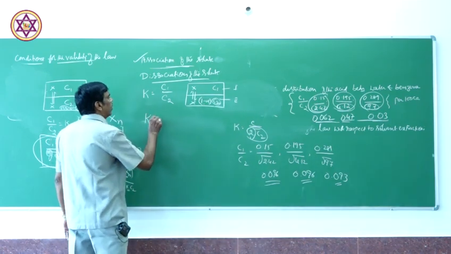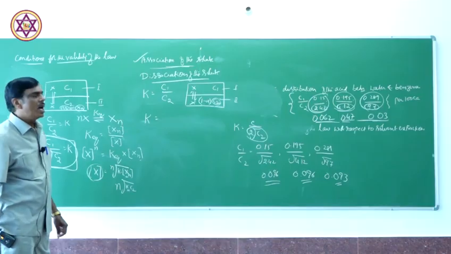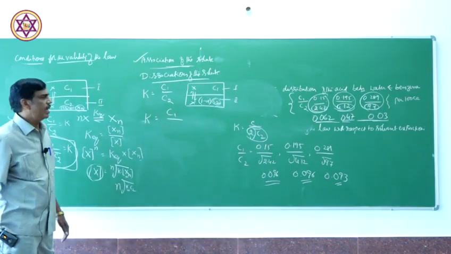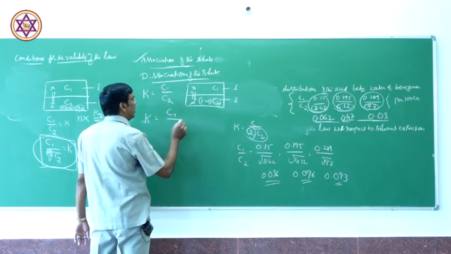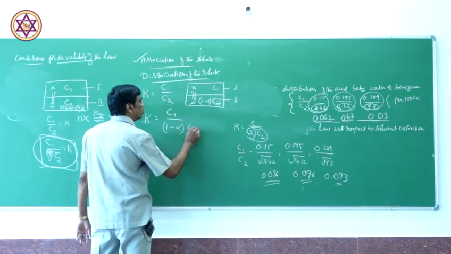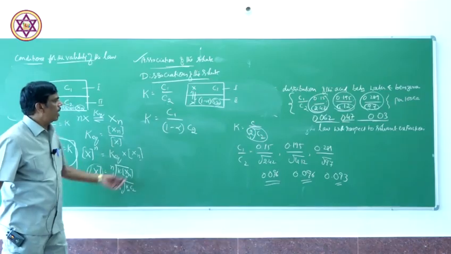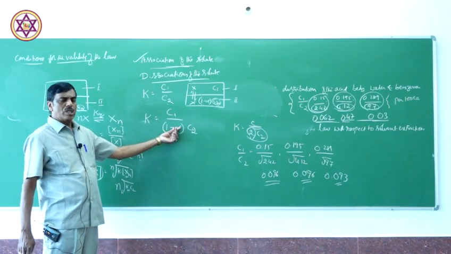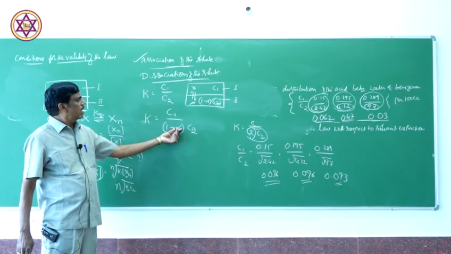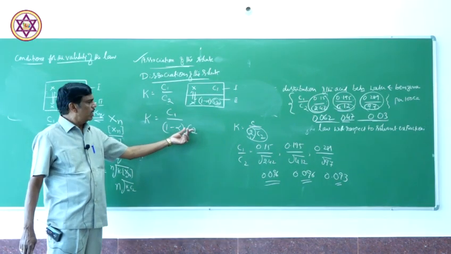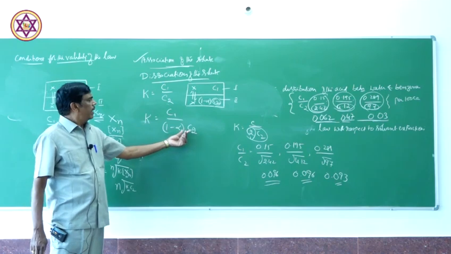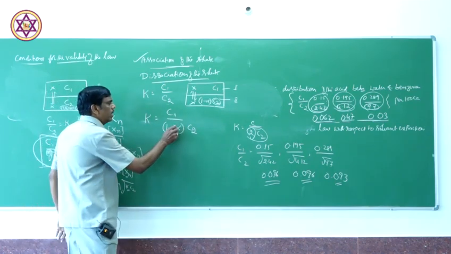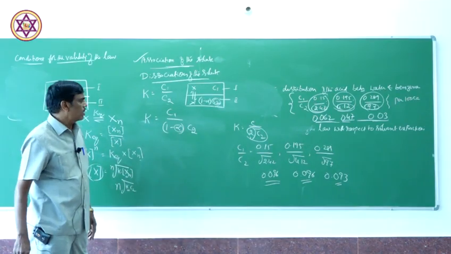In such a case, the equilibrium constant K, the partition coefficient or distribution coefficient, can be written as the concentration of the solute in the first layer divided by 1 minus alpha into C2, where alpha is the degree of dissociation. So by knowing the degree of dissociation, we can find out the concentration of C2 in one of the liquids, or by knowing the concentrations C2 and C1, we can find out the degree of dissociation in one of the solvents.